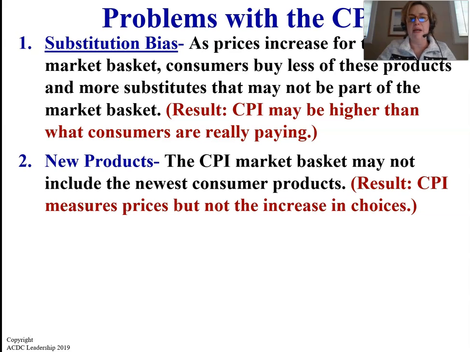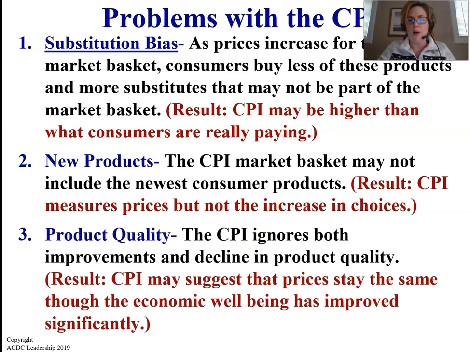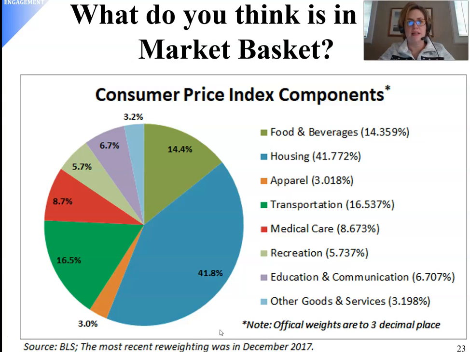So the CPI measures prices, not the increase in choices. Product quality. The CPI ignores both improvements as well as declines in product quality. So the CPI may suggest that prices stay the same, though the economic well-being has improved because the products have improved. This graph shows the items that are included in the market basket for the Consumer Price Index.